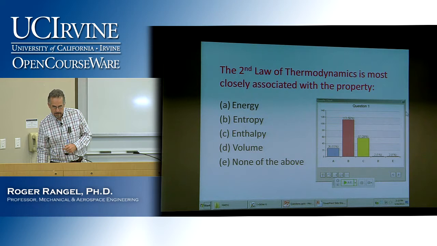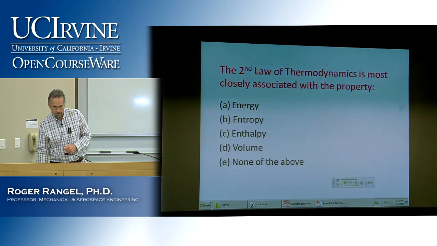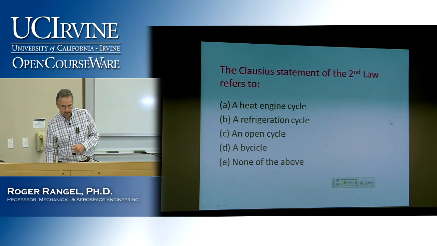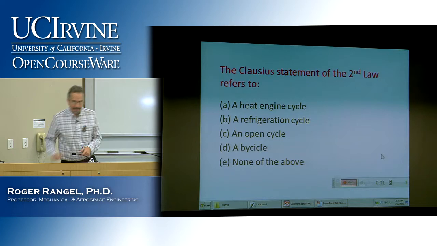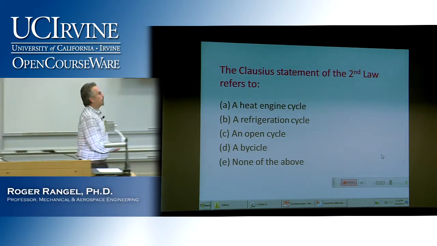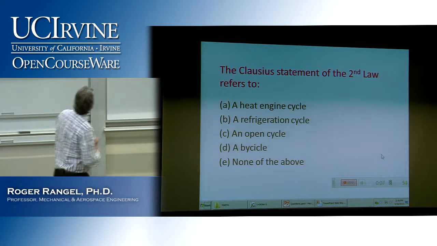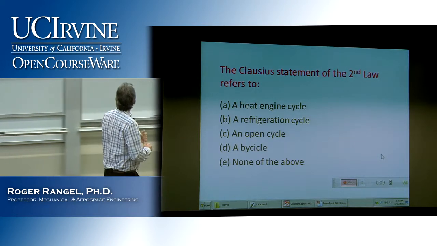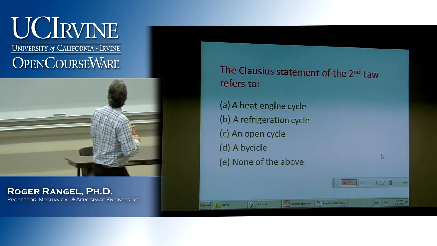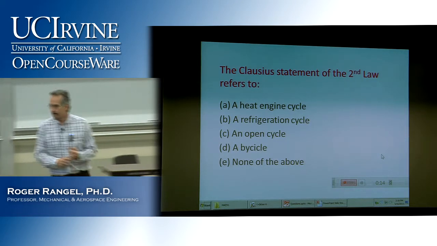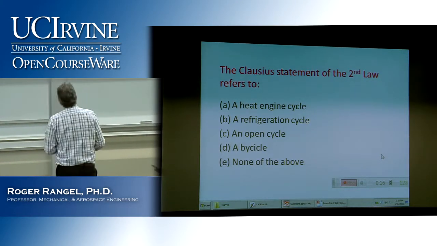Let's close this and go to the next one. The classical statement of the second law refers to: A, a heat engine, B, a refrigeration cycle, C, an open cycle, D, a bicycle, or E, none of the above.